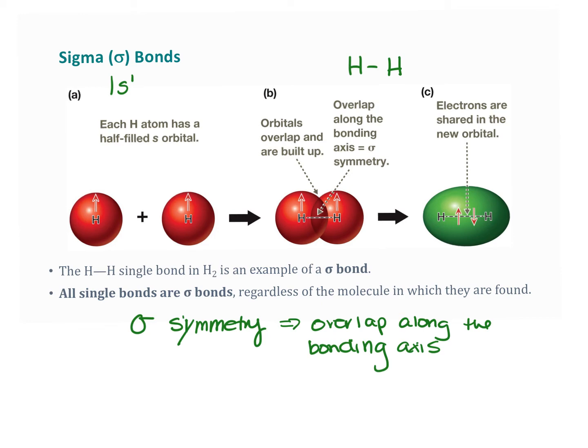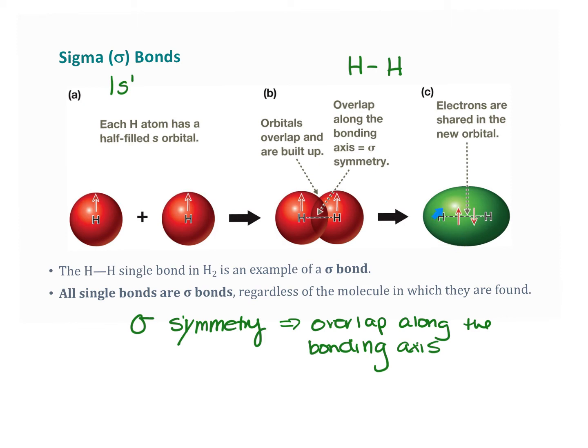The bonding axis, when we talk about this, is the line that connects two nuclei. So the bonding axis is shown here, right? It's a fictitious line, but we can imagine that it's connecting these two nuclei. Now, the pair of electrons occupying an orbital with sigma symmetry is called a sigma bond.